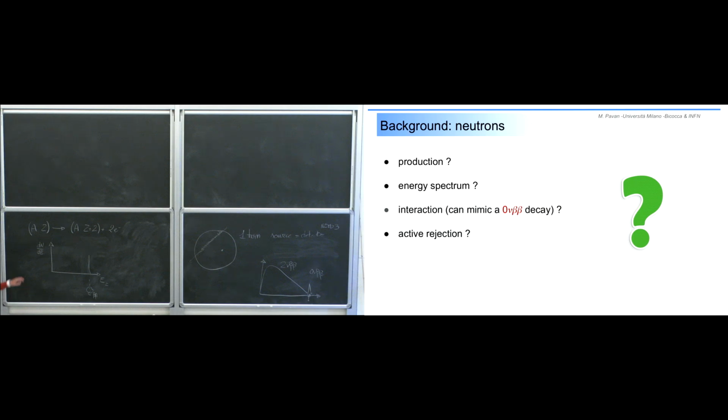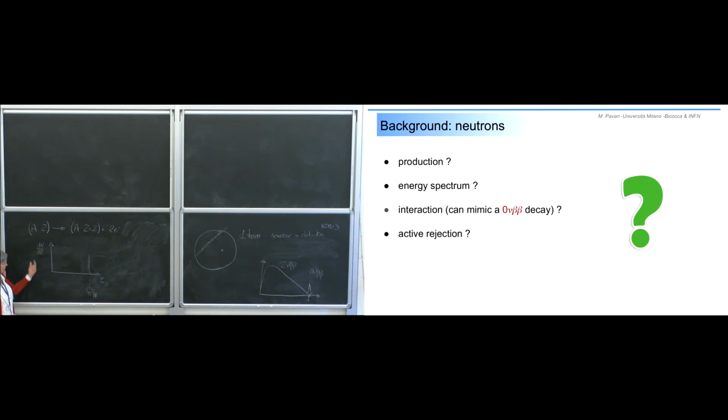Then we have discussed the kind of candidates, and we have identified nuclei with either a high isotopic abundance, or in any case that can be enriched.